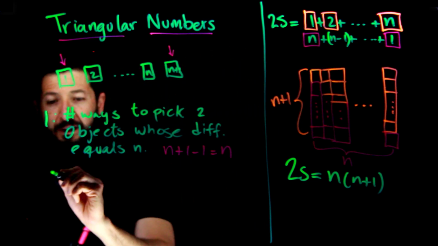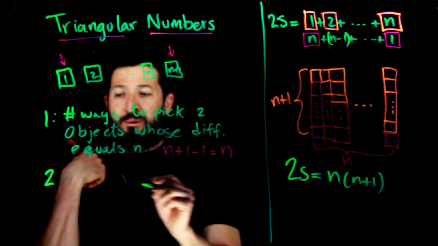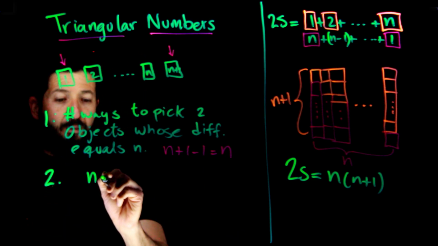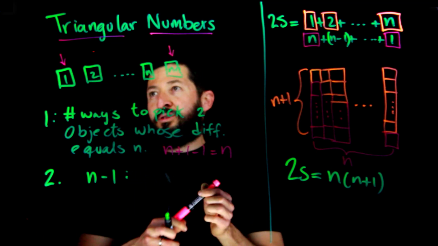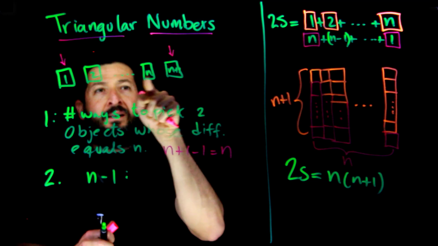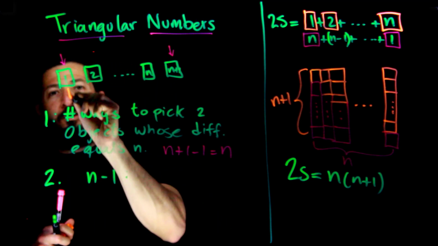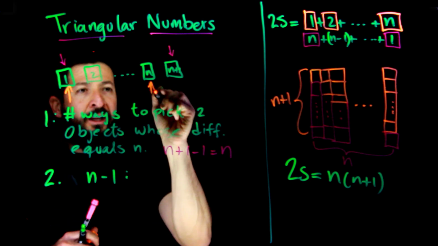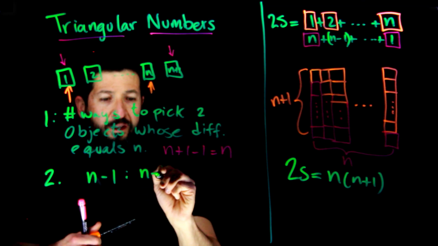Now 2 is the number of ways in which I can pick 2 objects whose difference equals n minus 1. So what are my 2 options? Well, if I pick 1, the other one has got to be n. Let's use 2 different colors. If I pick this one, my other one has to be n, because then the difference is going to be n minus 1.